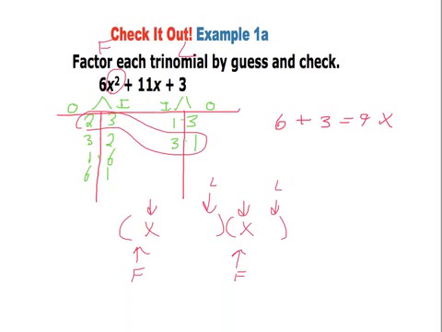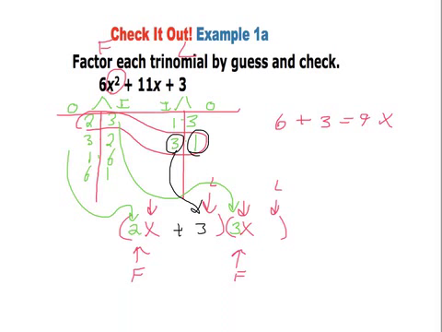Okay, so let's put things in place. Remember, this 2 goes right there. This 3 goes right there. Has to be in that order. All right, and this 3 is going to go right there, and it's a plus 3.